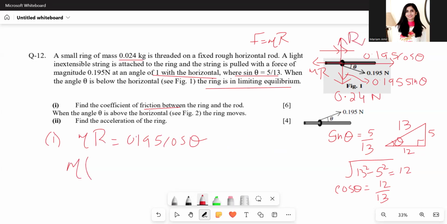It's going to be in this direction and it is opposite to these two forces. So R is equal to 0.195 sine theta plus 0.24.